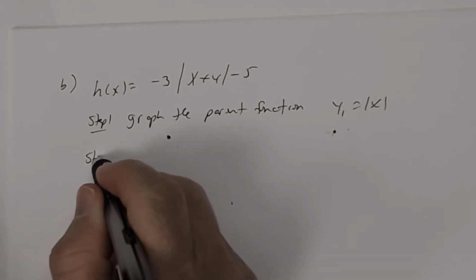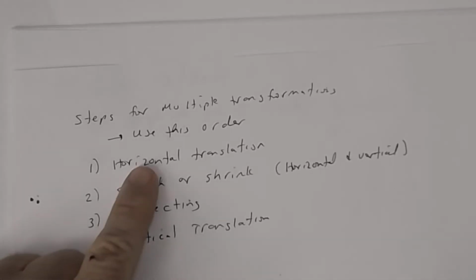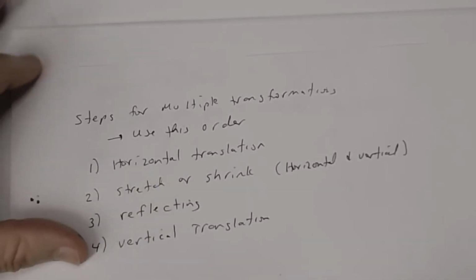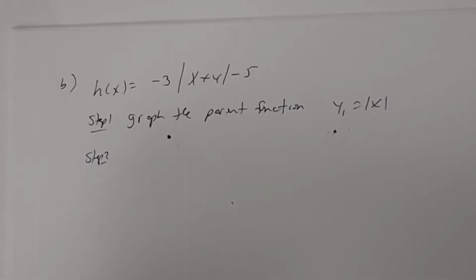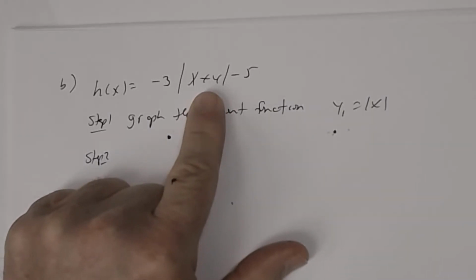Now step 2. Now you have to remember your steps. So the first thing you've got to do is that horizontal translation. So I do have a horizontal translation here. That's this. But you've got to do the counterintuitive of what you think when you see horizontal translation. So I don't go 4 units to the right. I go 4 units to the left.